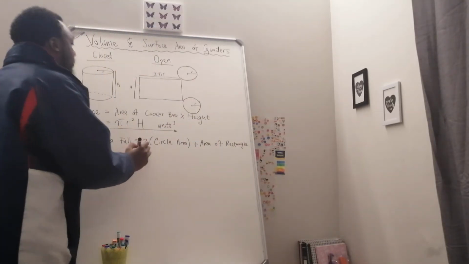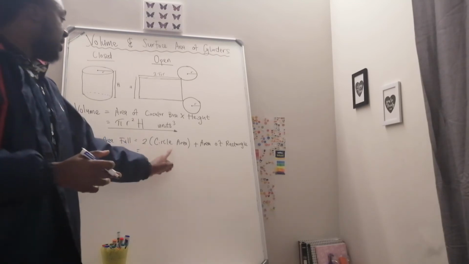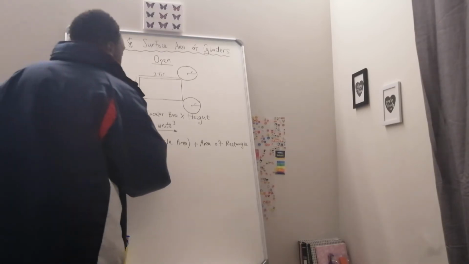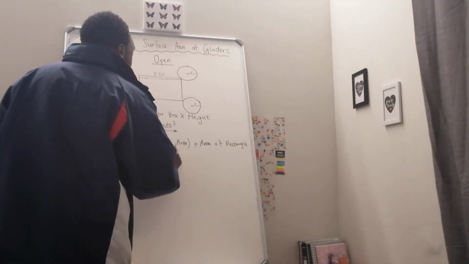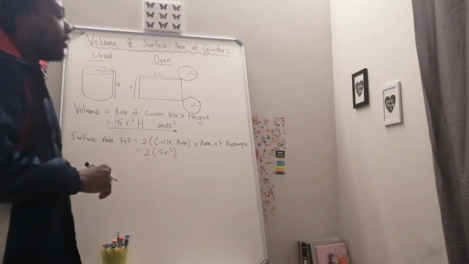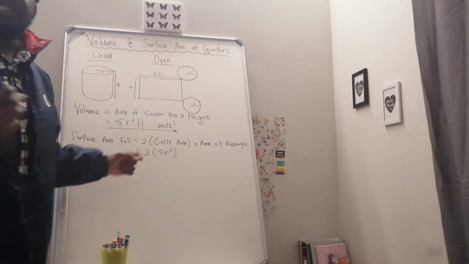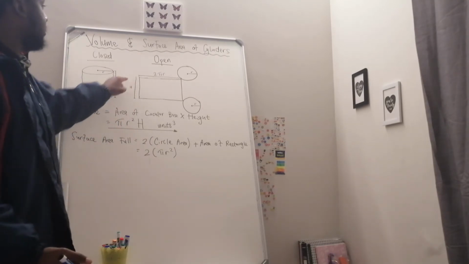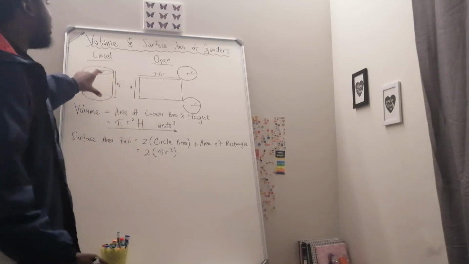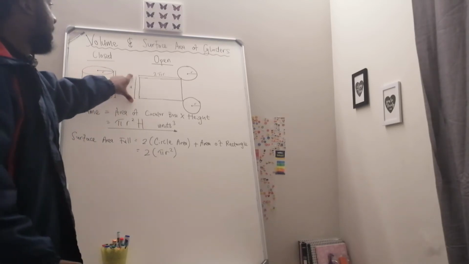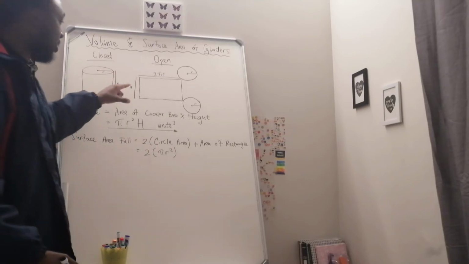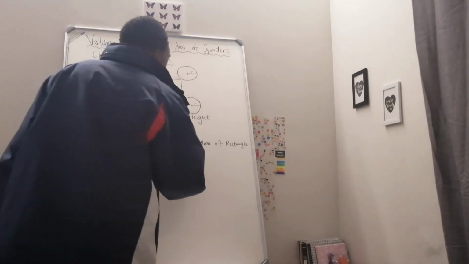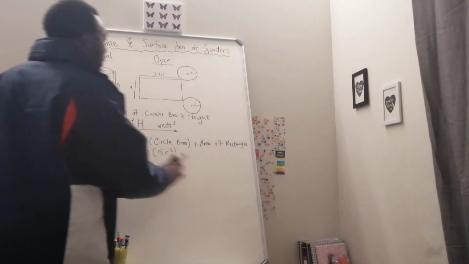Right? So let's put some formulas in there. 2 times the area of the circle. Remember what the area of the circle is. It's just pi r squared. So it will be 2 pi r squared. And what is the area of the rectangle? The rectangle here has a breadth, which is the same as the height of the cylinder. That distance and that distance is the same. It might not look the same in the picture, but they technically are the same. So here I have length times breadth, so I have h.